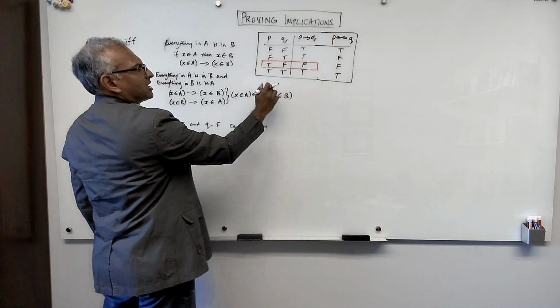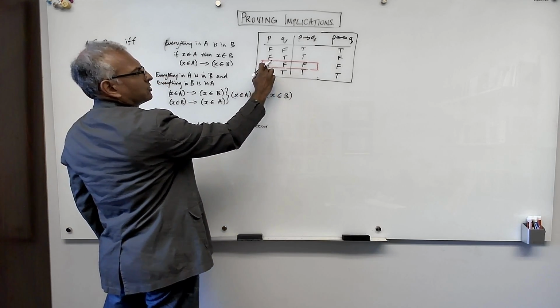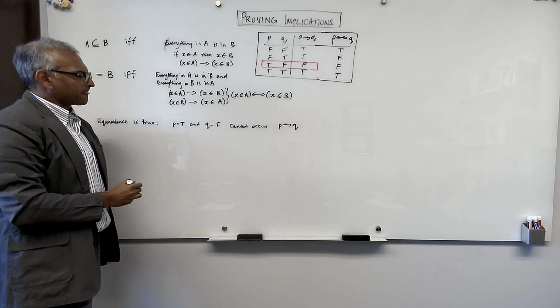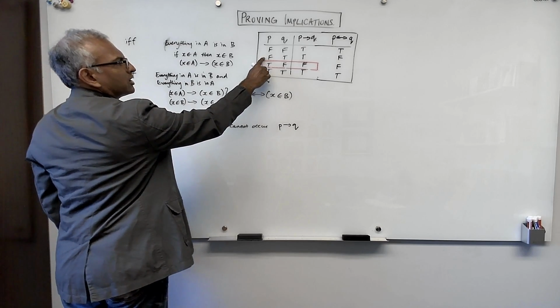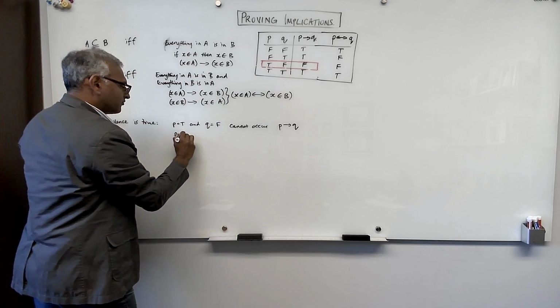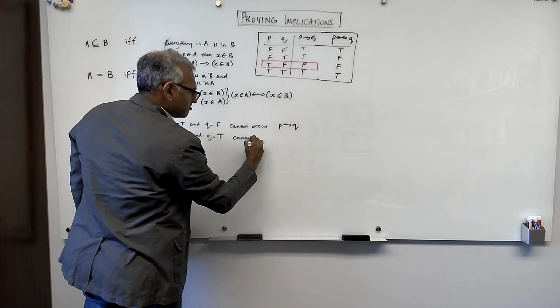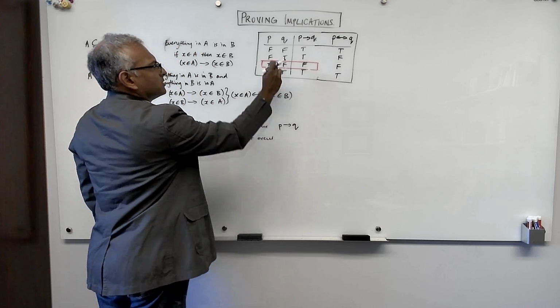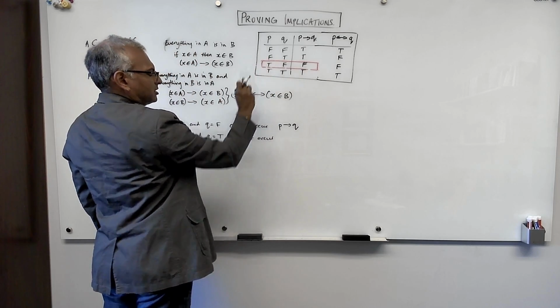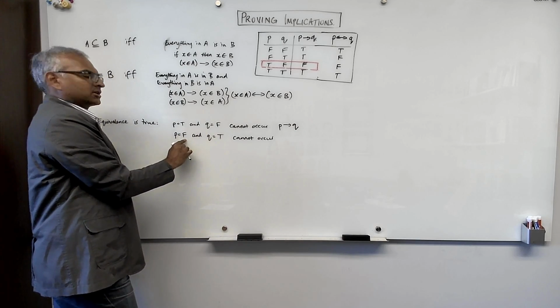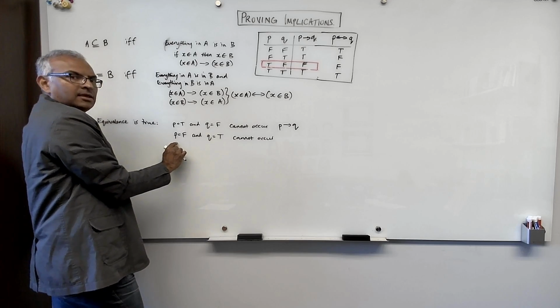So you have to show that this row cannot occur. But if you show that this row cannot occur, that means that P implies Q is true. Okay. But also, this row cannot occur. So P equals false and Q equals true cannot occur. And this row not occurring says that Q true and P false cannot occur. That says that Q implies P is also true.